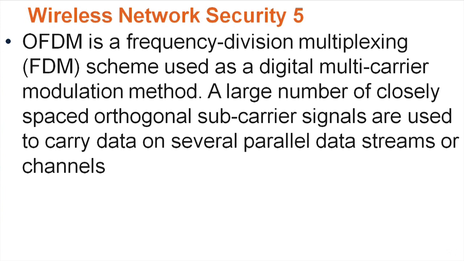It's a frequency division multiplexing scheme, and it's used in wireless security. Orthogonal subcarrier signals are used to carry data on several parallel data streams or channels. So it's how they divide it up and get more information transferred on a busy, noisy network. They can kind of do a little less here, a little more here. Whichever one's good, it uses those data streams.